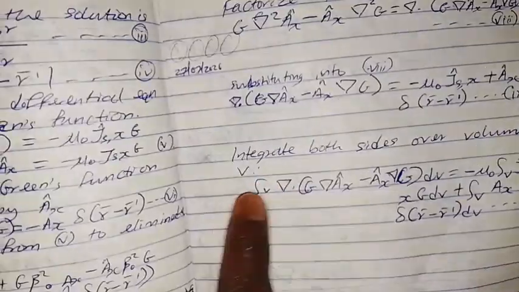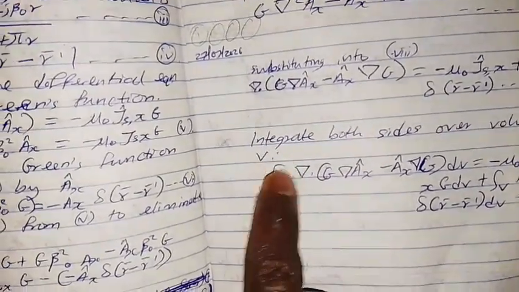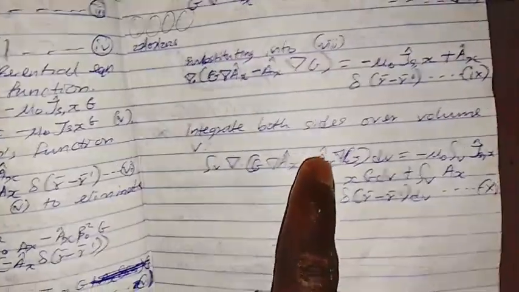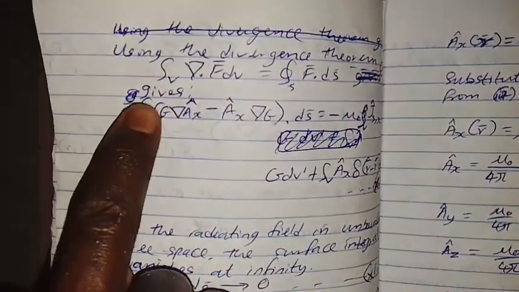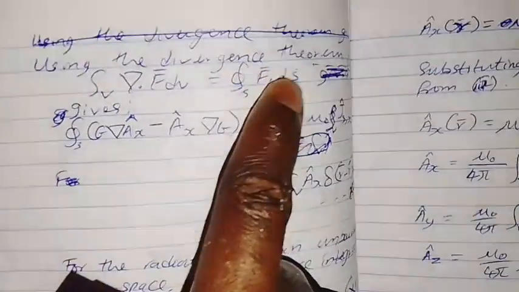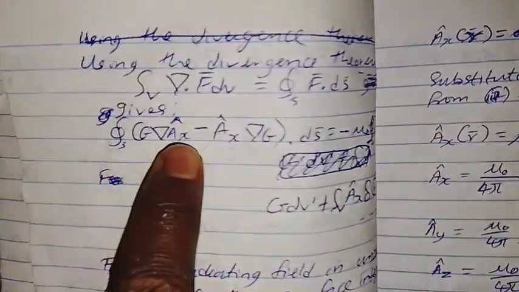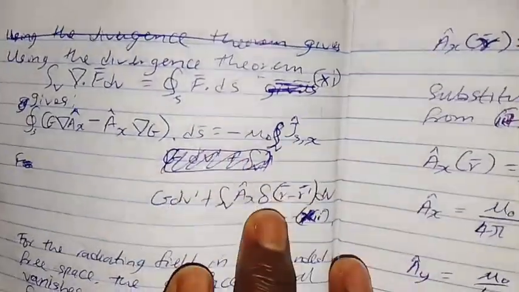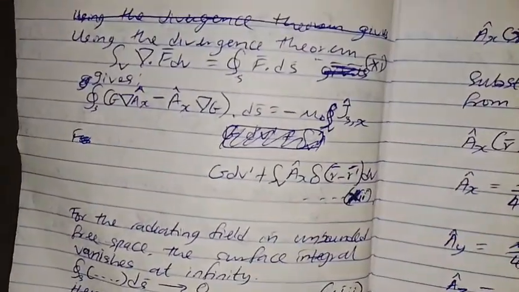So instead of using the volume integral of nabla dot this, you now use the closed surface integral, where you have F, you put all this there, dot ds. Do we get it? And then the other side remains the same as this.